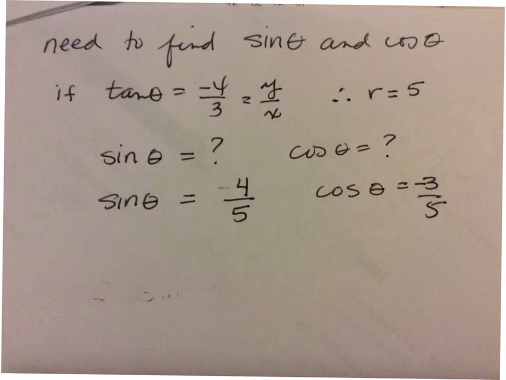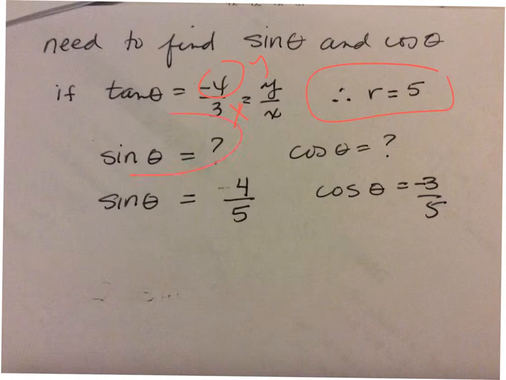Like I said, we need to find sine theta and cos theta. We know tan theta, given in the question, is -4/3. So this is your y, and this is your x, so our r is 5.